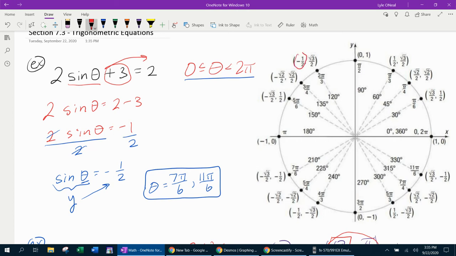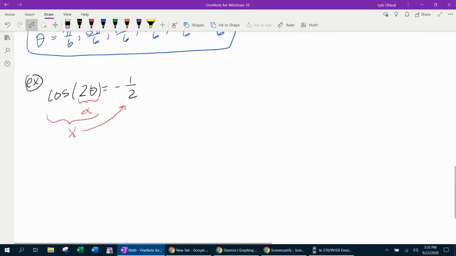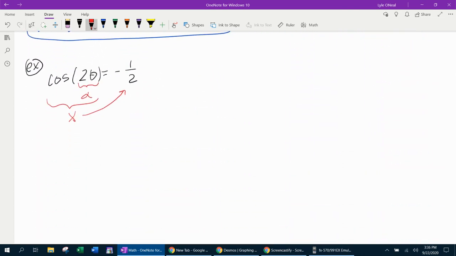All right, so I'm seeing negative half x coordinates at 2 pi over 3 and 4 pi over 3.